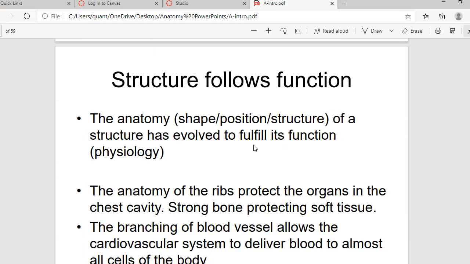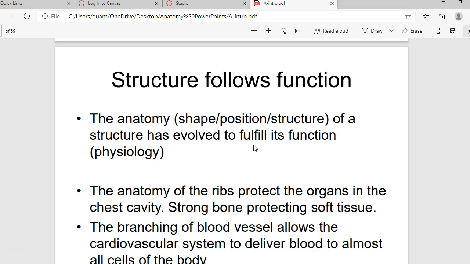Structure follows function is just kind of a little rule. The anatomy, which would be the shape, the position, the structure of something, has evolved generally to fulfill its function, hopefully. And the function would be physiology. So, as an example, say the bones. The anatomy of the ribs protects the organs in the chest cavity.